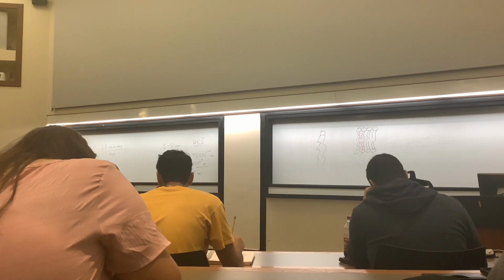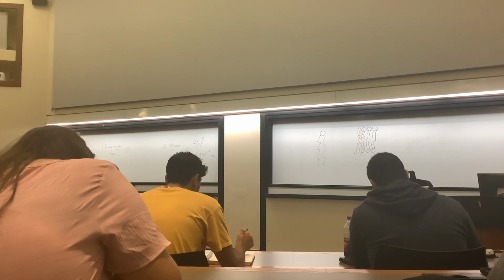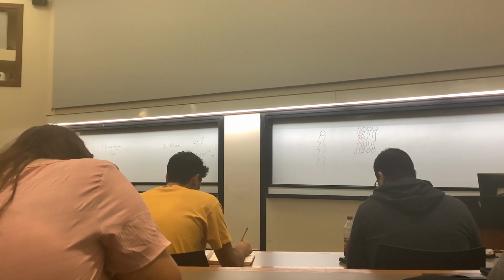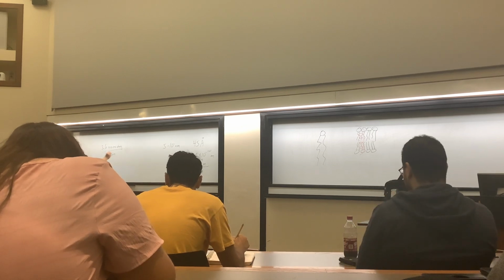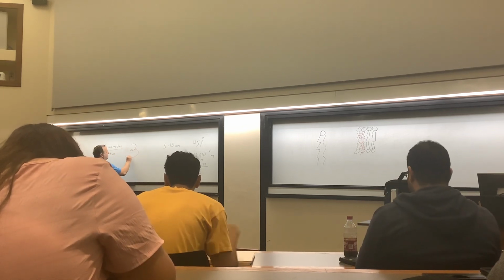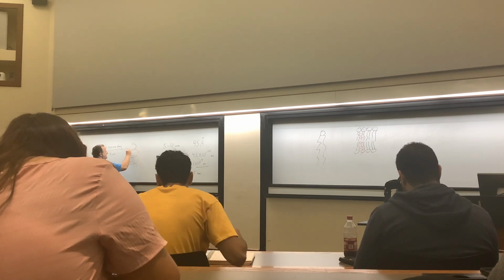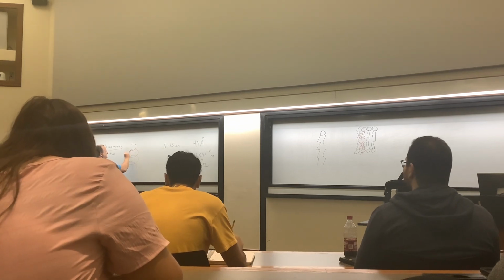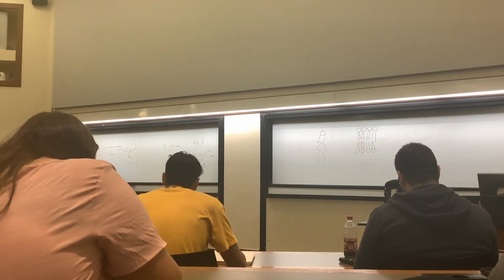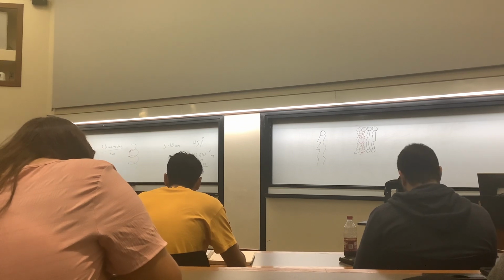Okay, what other numbers were you saying? 5.4 angstroms. Okay, that's different. Is that distance? Yes. Okay, so if we consider the distance between here and here, that was 5.4 angstroms, wasn't it?